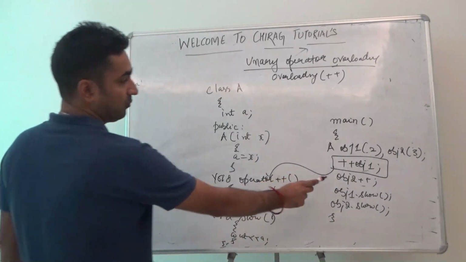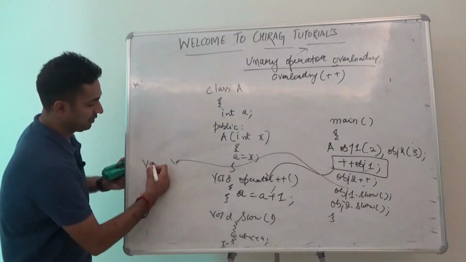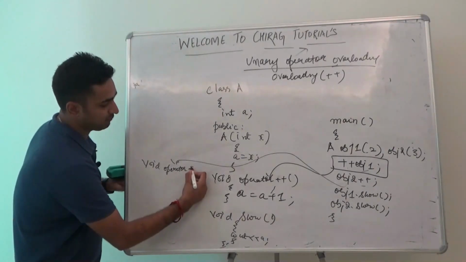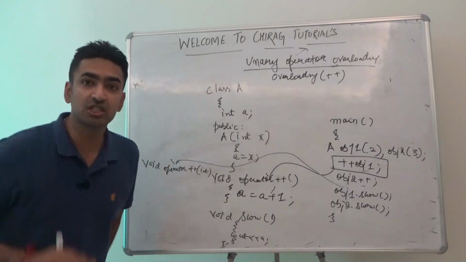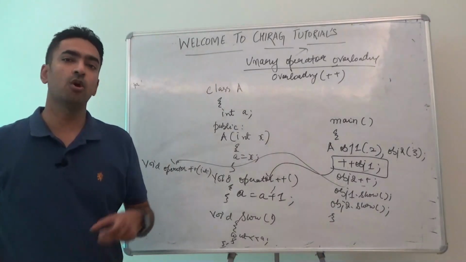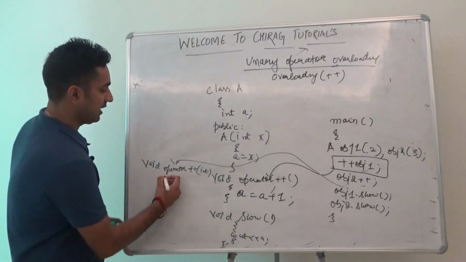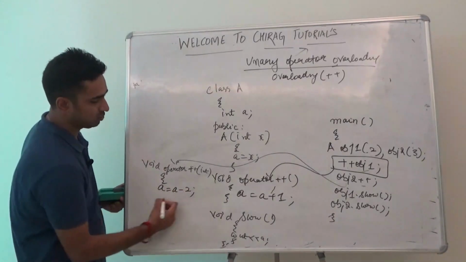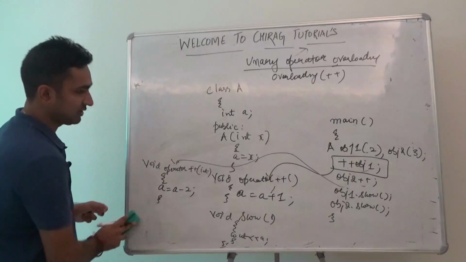It means obj2 plus plus will be overloaded this way: void operator plus plus, and I'm putting an integer argument over here just to differentiate, and it's always applicable for post-increment operators, right? And I can write any value to it. I can write a is equal to a minus 2, and that is the call for this.